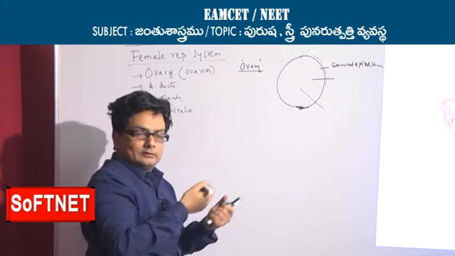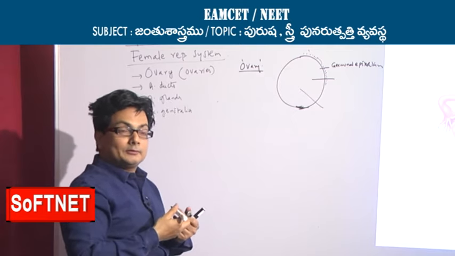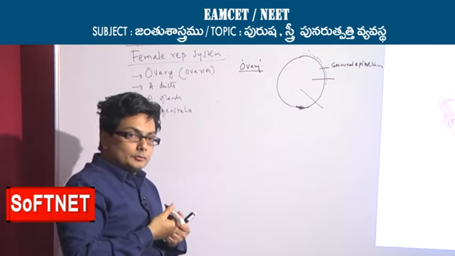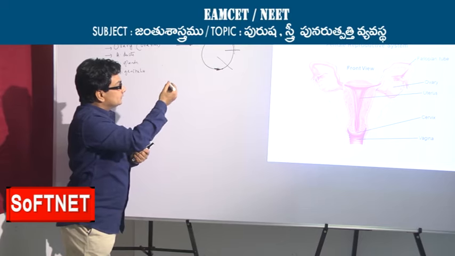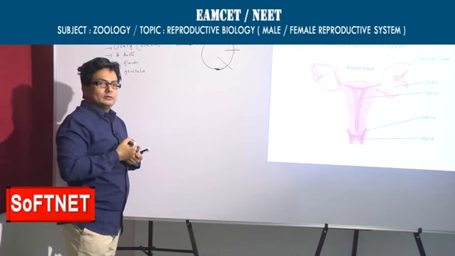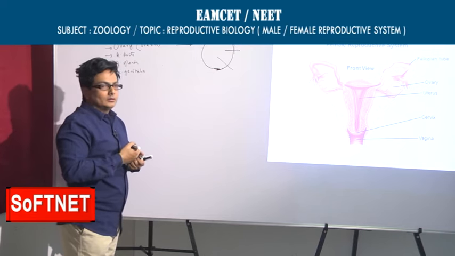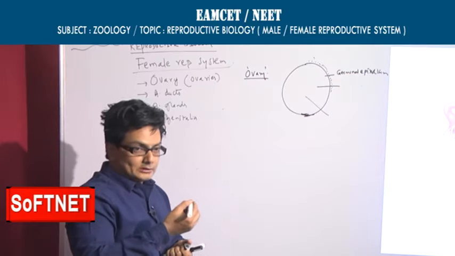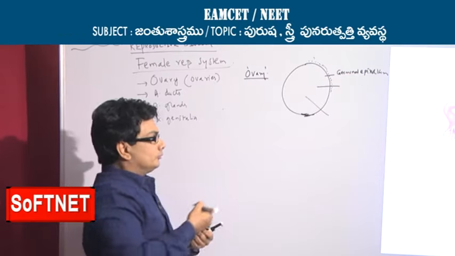Just like the male reproductive system having the germinal epithelium within the seminiferous tubules, this ovary is entirely lined by the germinal epithelial cells, influenced by the gonadotropins, especially the follicle stimulating hormone.